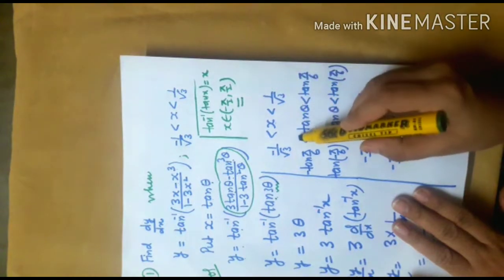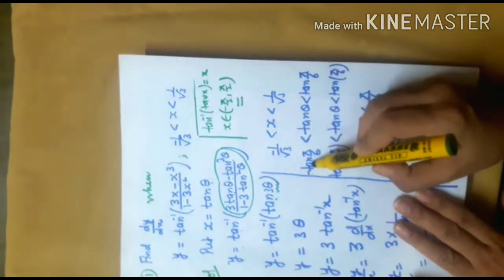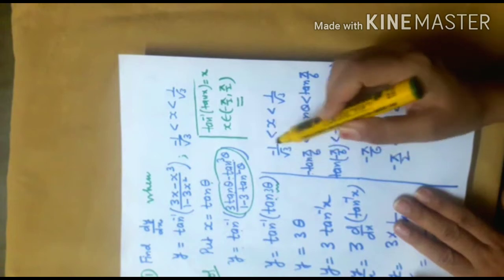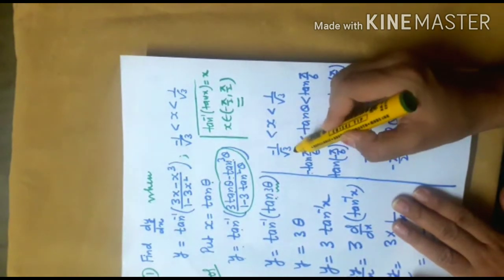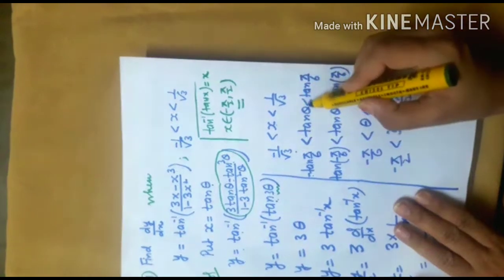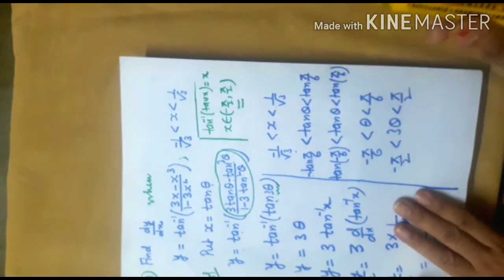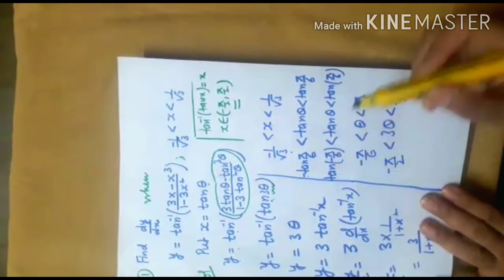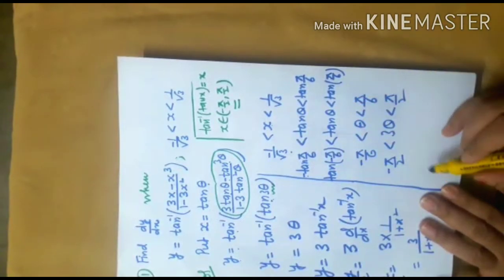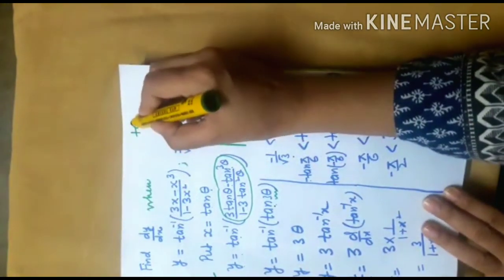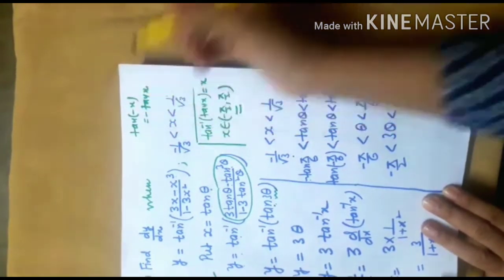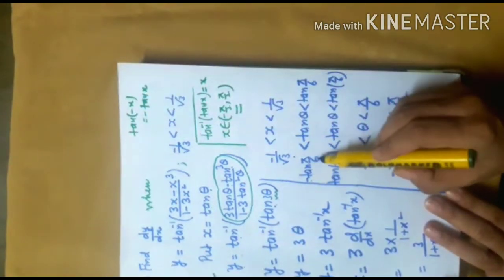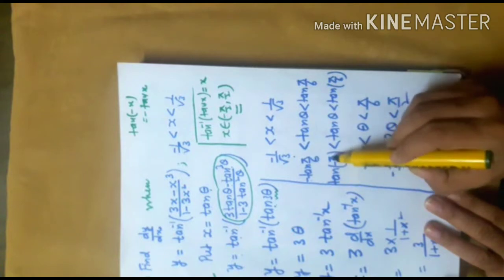So tan theta will be greater than minus tan pi by 6, because tan pi by 6 is 1 over root 3, and tan theta is less than tan pi by 6. Now, we know that tan minus x is minus tan x. So, minus tan pi by 6 can be written as tan minus pi by 6.